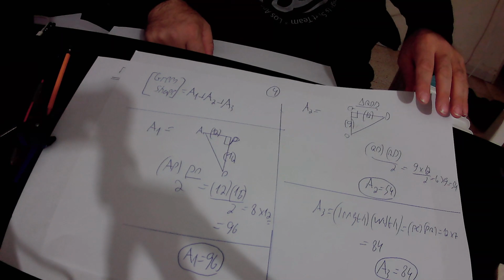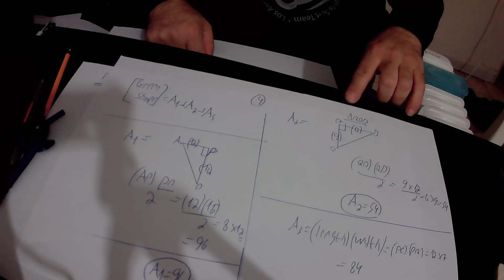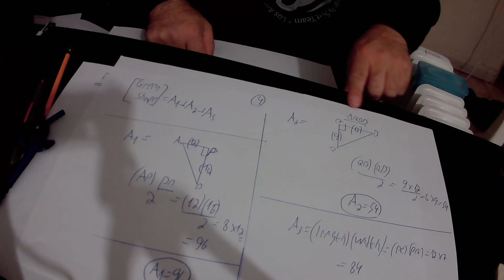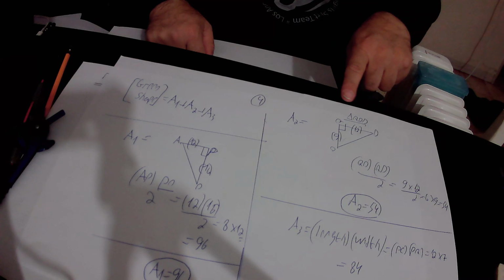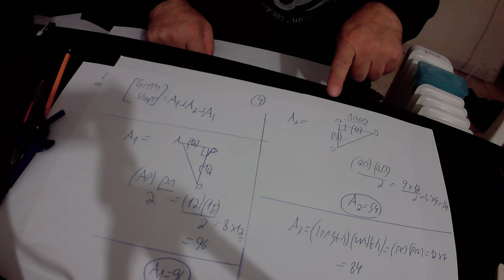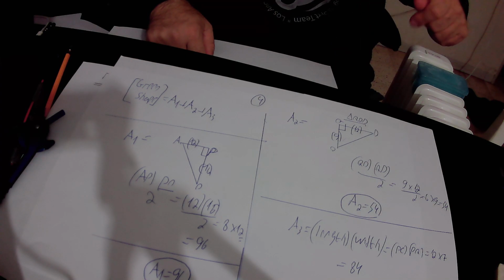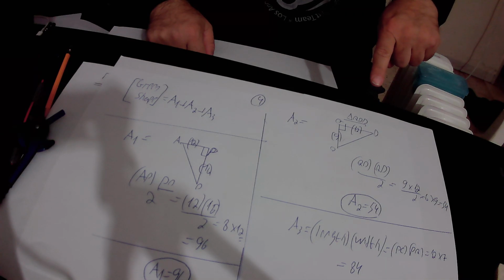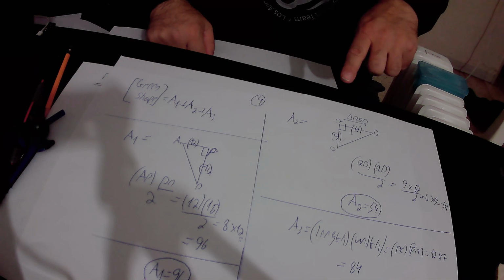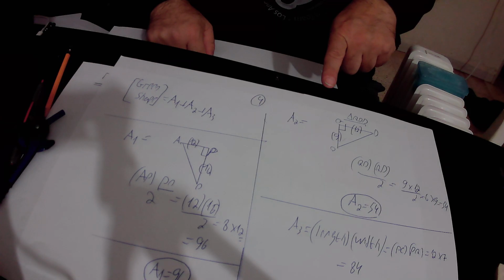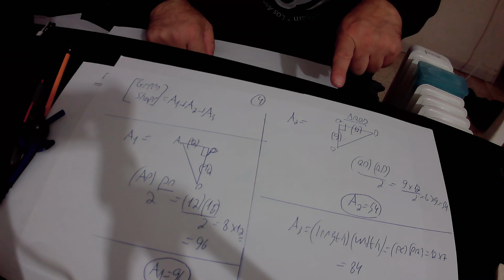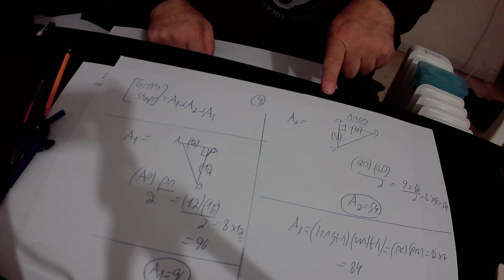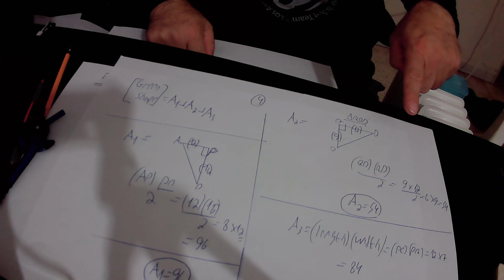Then we found the value of A2. A2 is the area of this right triangle QOD. QD equals 12 and QO is x, that is 9. So the area of this right triangle QOD, that is A2, equals the base QD times the height to the base QO, over 2.